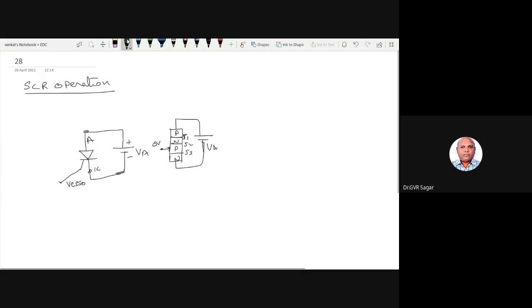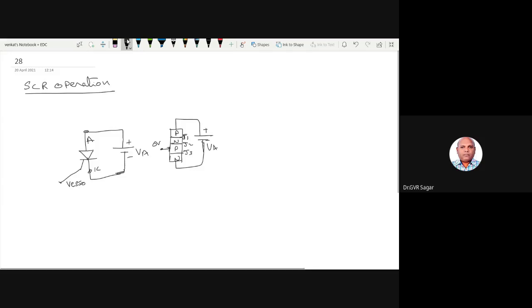Similarly, junction J2, which internally has N connected to the positive, becomes reverse bias, right? Whereas in junction J3, N is connected to the negative, so we can say that junction J3 is forward bias. So junction J1 is forward bias, junction J3 is forward bias, junction J2 is reverse bias.